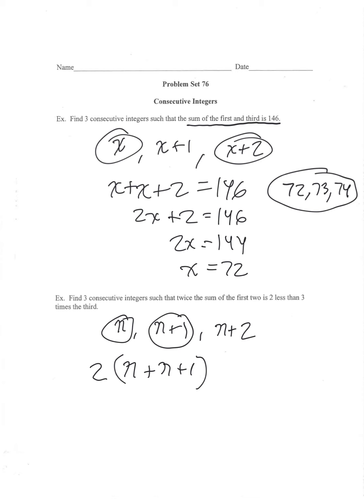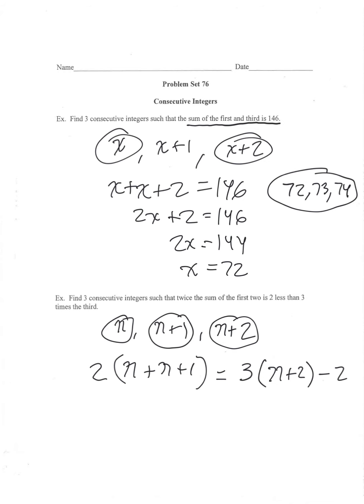Twice the sum of the first two is 2 less than 3 times the third. Oh, 2 less than 3 times the third. So I've got to multiply the third one by 3 and find 2 less than that. And the way you find 2 less than that is to subtract 2, right?